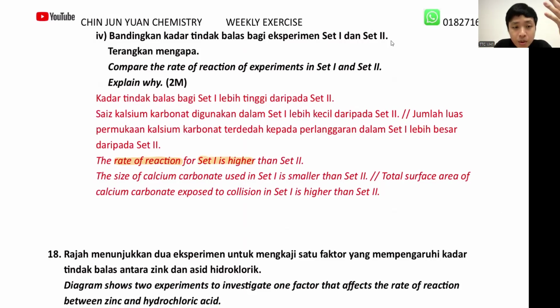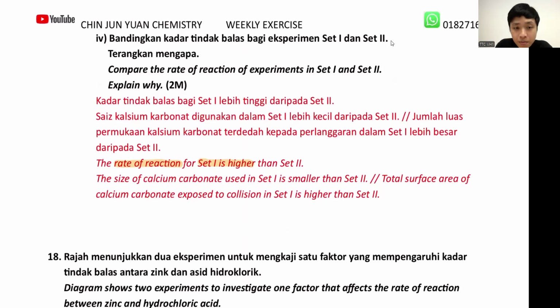Then for the second part, the size of calcium carbonate used in set 1 is smaller. You can say either, because it's only 2 marks. One is for the reaction, and for the other one, you can either say size or you can say total surface area. You choose either one. Okay, the size of calcium carbonate is smaller.